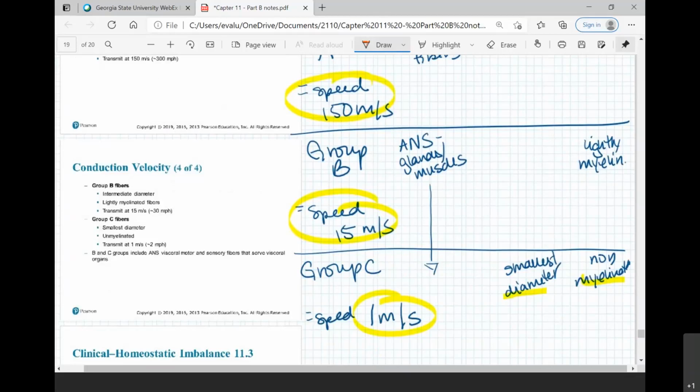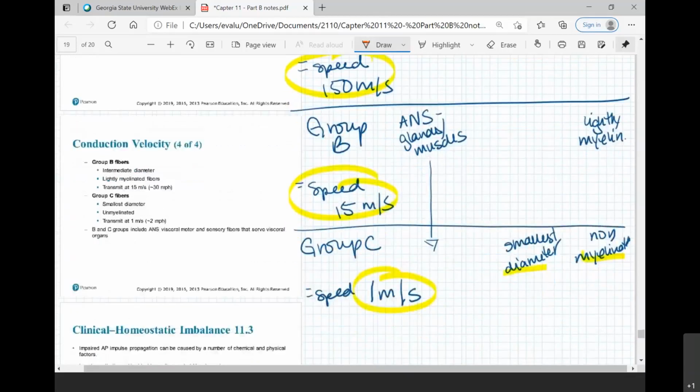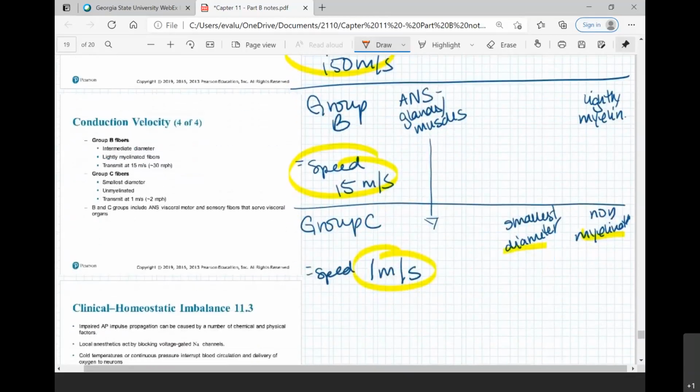15 meters per second. And then you've got group C. Group C is also for your ANS, for your glands and muscles. These are considered non-myelinated, and they have the smallest diameter. These are skinny, like a string. Because of that, they are the slowest ones out there, at 1 meter per second.